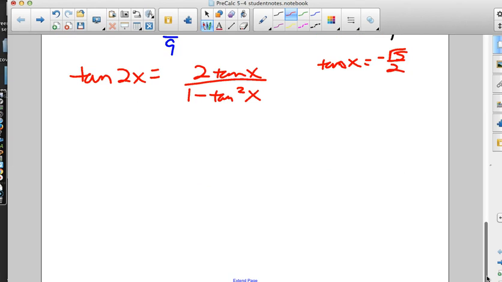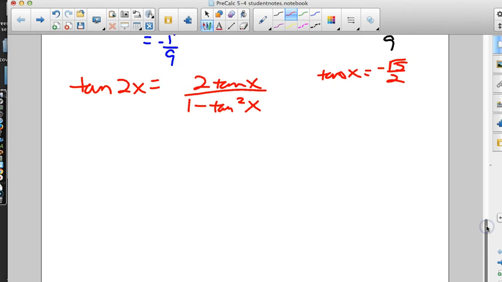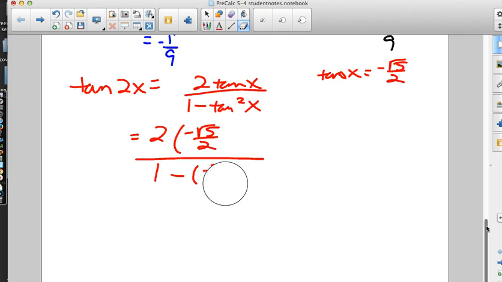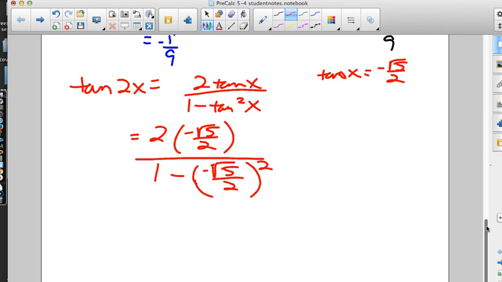So let's plug it in, see what happens. Well, kind of good stuff in our numerator. The 2's are going to cancel out there and we'll get negative square root of 5.